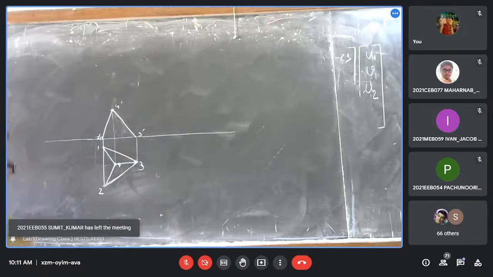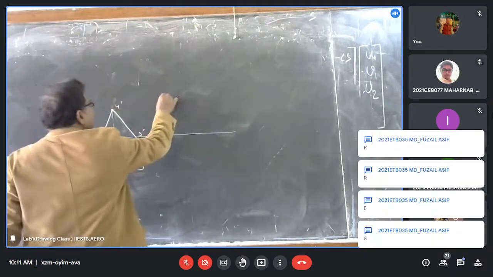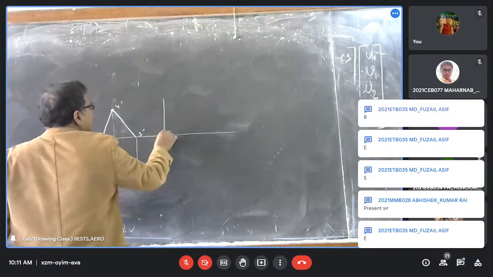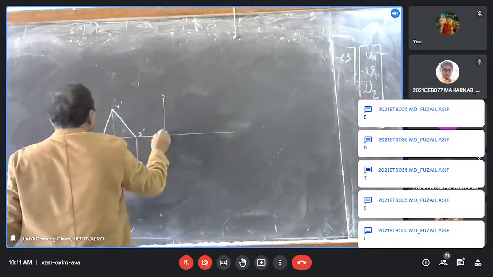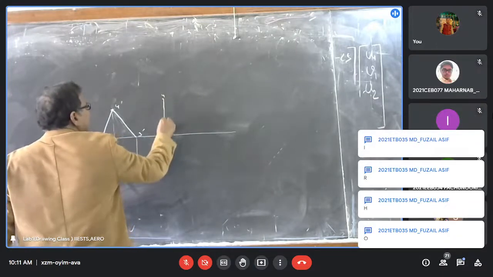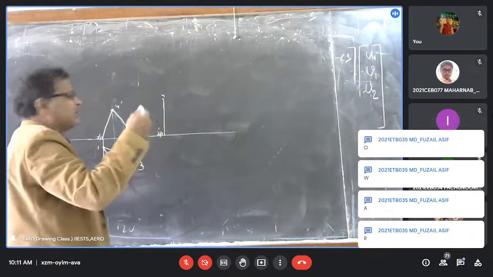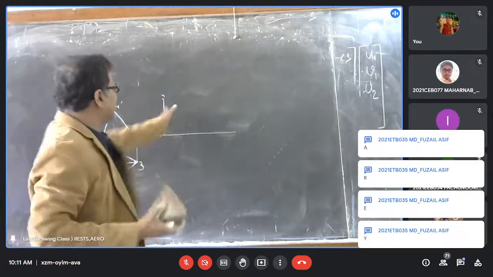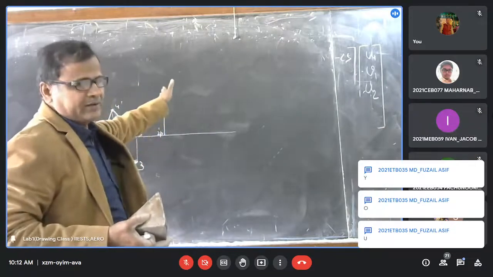Then one line comes in this way, with 4, and this is 2 dash and 1 dash. It is a triangular surface perpendicular to both the planes, and you can see a straight line.